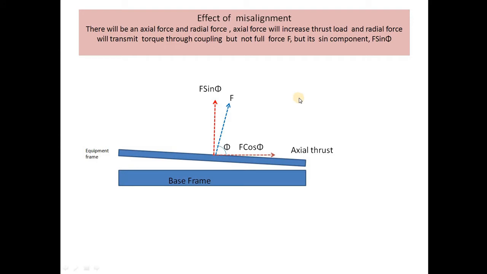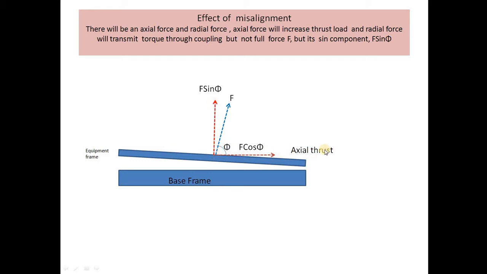If misalignment is there, then what will happen? Suppose misalignment is there, that means this is the force perpendicular to the base frame of the shaft. If there is an angle, then this angular misalignment is there, then we can divide it into two components.